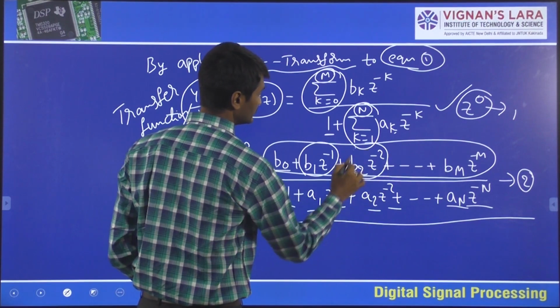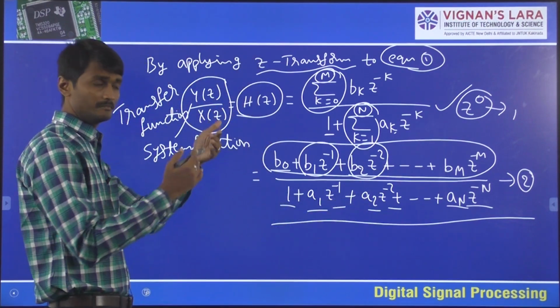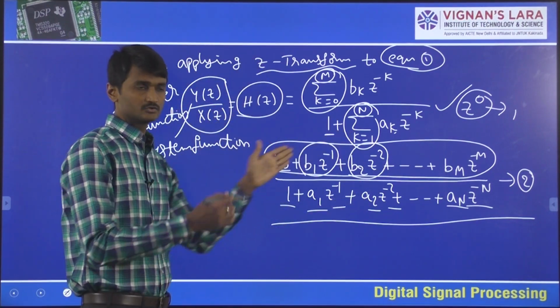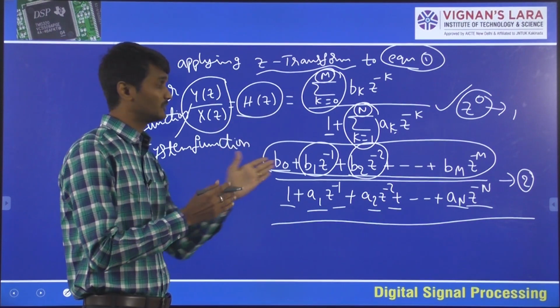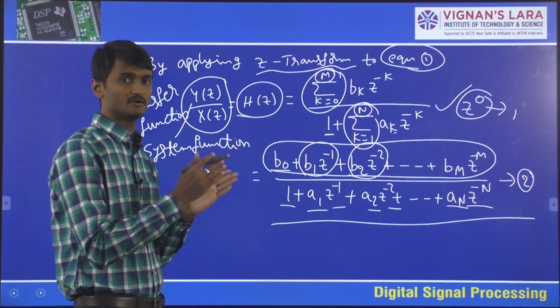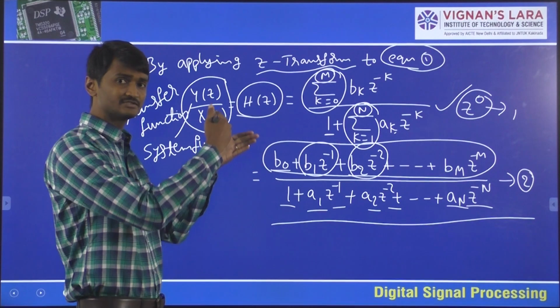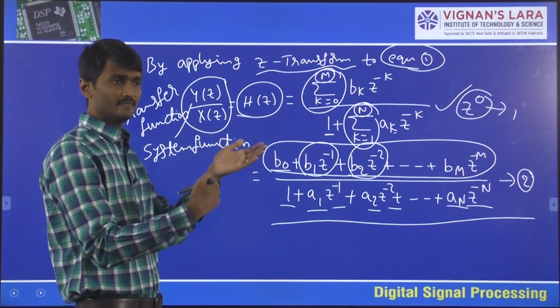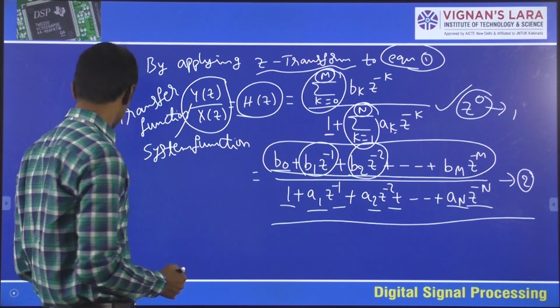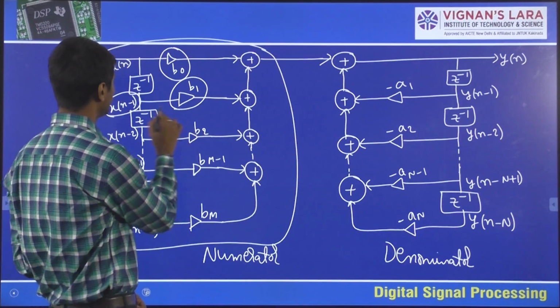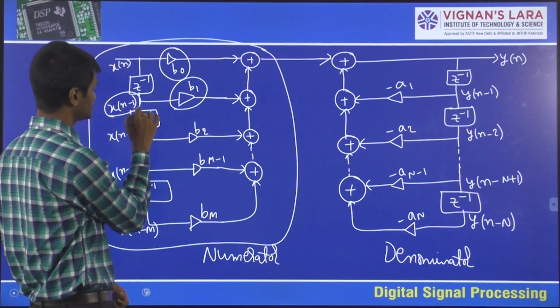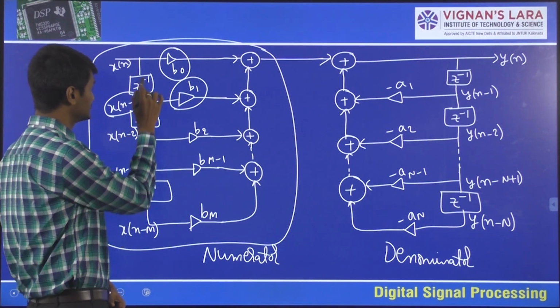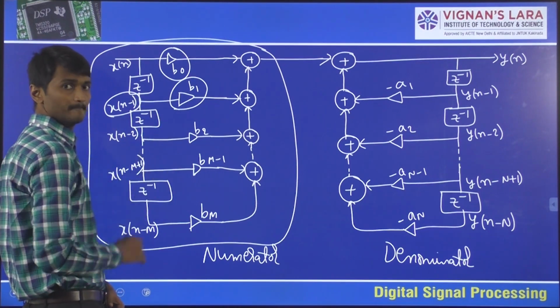Second, b2 z power minus 2. So z power minus 1 is already there. Next one more delay element is required, that is z power minus 1. So if it passes through two delay elements, that is z power minus 1, z power minus 1, then it will become z power minus 2. See, it passed through already one delay element, next it is passed through one more delay element, so in total it will be z power minus 2.